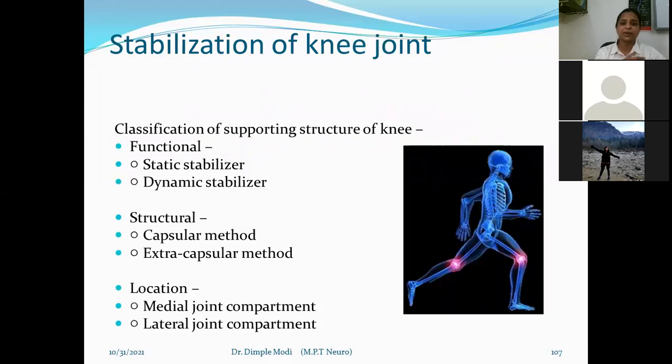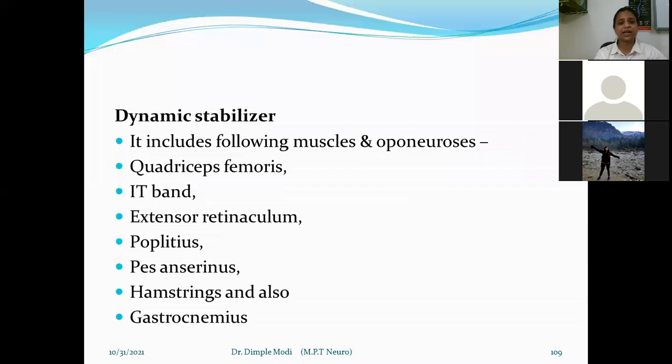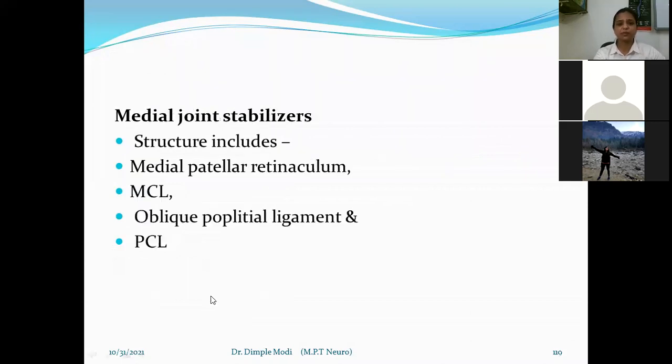So what are the knee joint stabilizers? There are static stabilizers and dynamic stabilizers. Static stabilizers are the capsules and ligaments: MCL, LCL, ACL, PCL, oblique ligament, transverse ligament, and meniscopatellar ligament. The dynamic stabilizers are the quadriceps femoris, IT band, extensor retinaculum, popliteus, pes anserinus, hamstring and gastrocnemius.